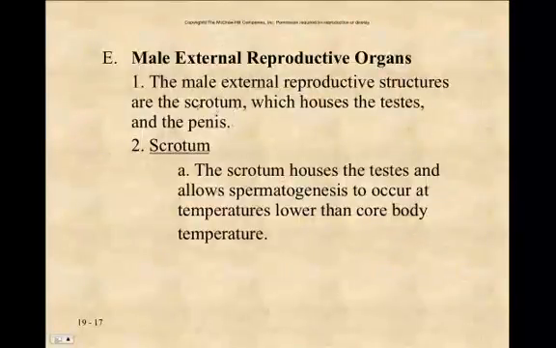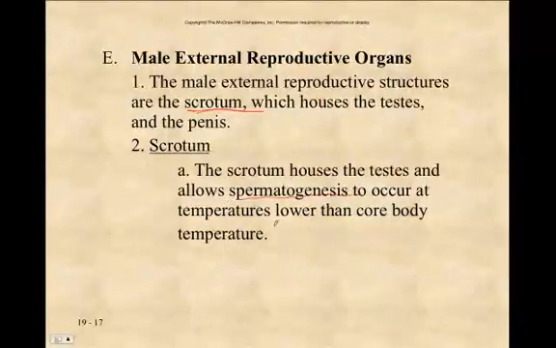So, a couple other external reproductive organs that we're going to talk about now. We have the scrotum, which is going to house the testes, and then of course we'll talk about the penis. The scrotum houses the testes, and that's where spermatogenesis is taking place.